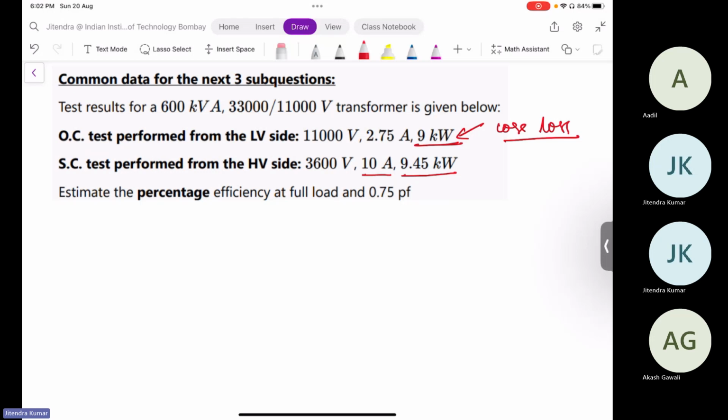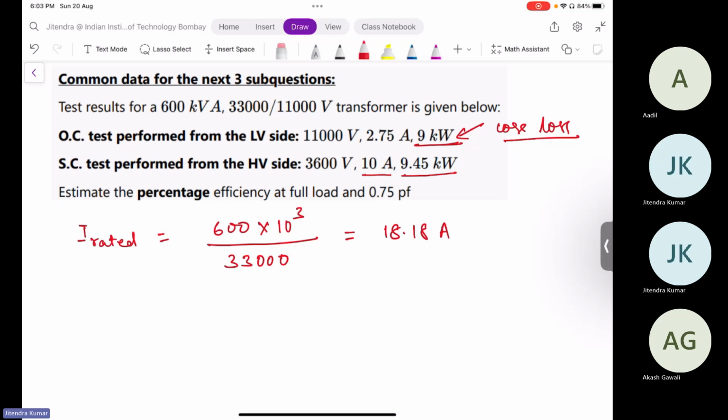So let us calculate the rated current first. We can compute it from 600 kVA divided by the HV side voltage, since the SC test is performed on the HV side. Here it comes out to be 18.18 amps.